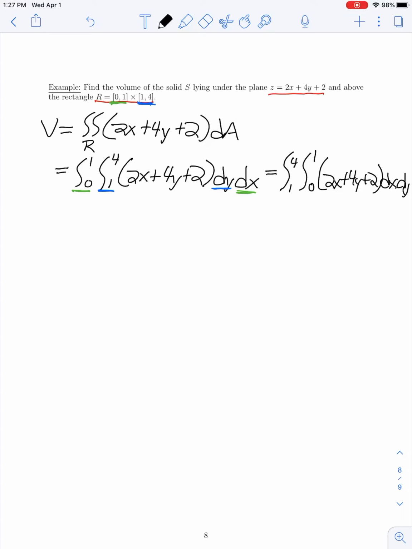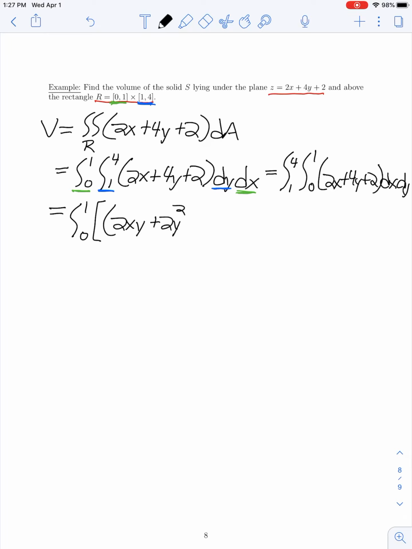Now we see in this example that the function we're integrating is a polynomial with respect to x or y, so it doesn't appear that either one of these integrals would be any easier to evaluate than the other. It really doesn't matter what order we use here. So if we stick with the order of integrating first with respect to y, let's see what we get.